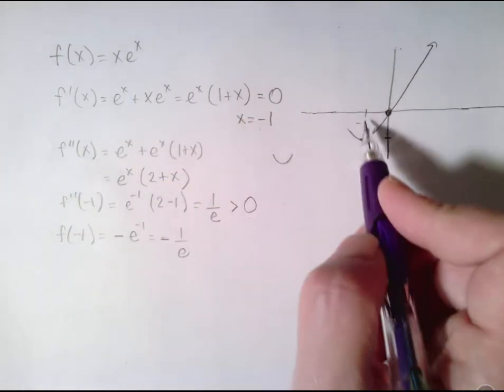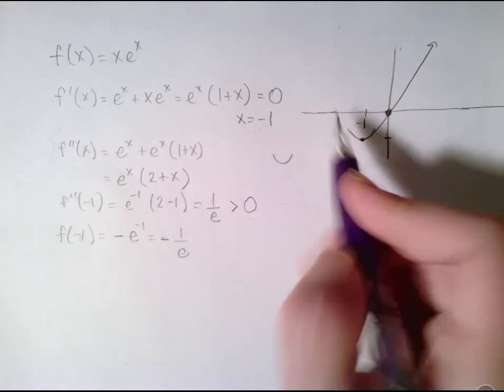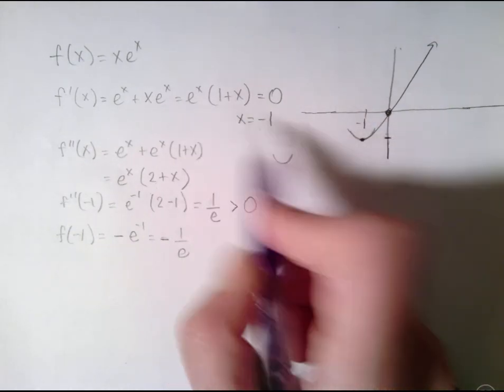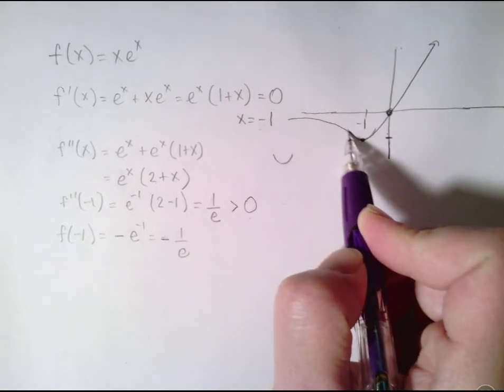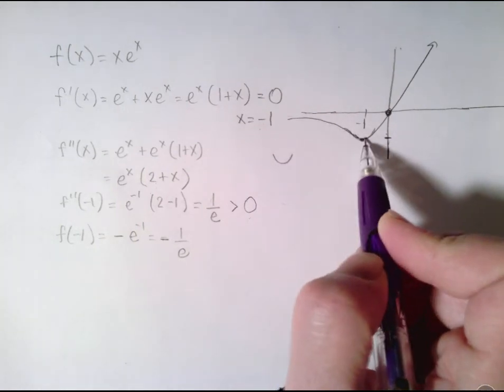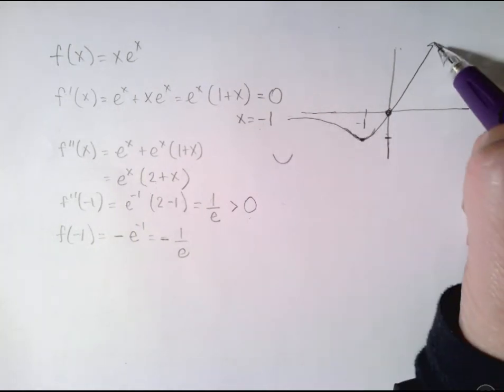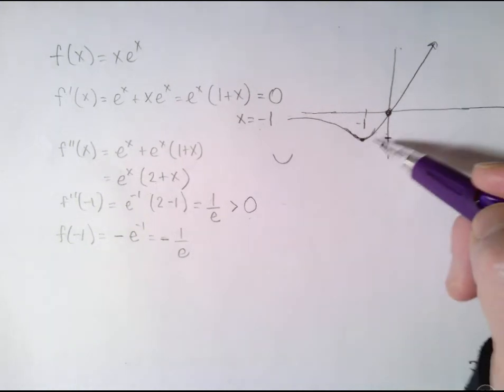So again, for values to the left of negative 1, this is negative. So we know that we have to have a decreasing slope down to negative 1. This is our minimum, and then it increases after that. We don't know exactly how it increases, but we know it increases. So there we have it.